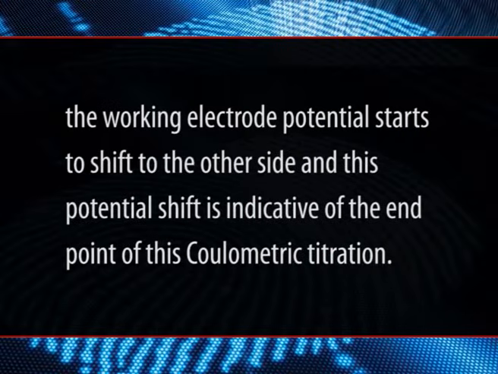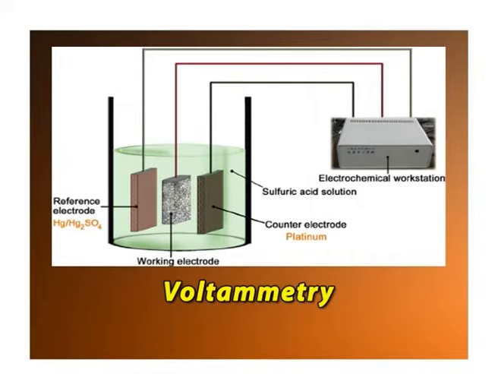When all the unknown species are either oxidized or reduced to a new state, the working electrode potential starts to shift to the other side, and this potential shift is indicative of the endpoint of this coulometric titration. The magnitude of the applied current and the time duration of the current passage is then used to determine the concentration of the unknown species of interest in the given sample solution.